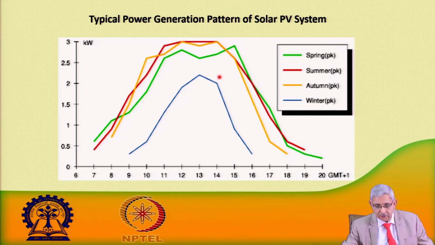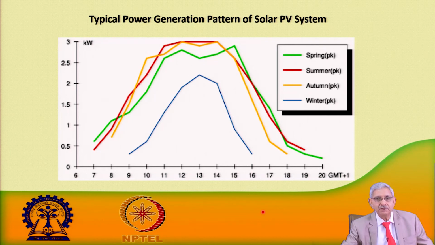This particular curve is for winter, where the minimum solar energy is available, and this red curve is for the maximum. This is during the summer month, and the autumn and spring fall in between winter and summer. So, this is variable.